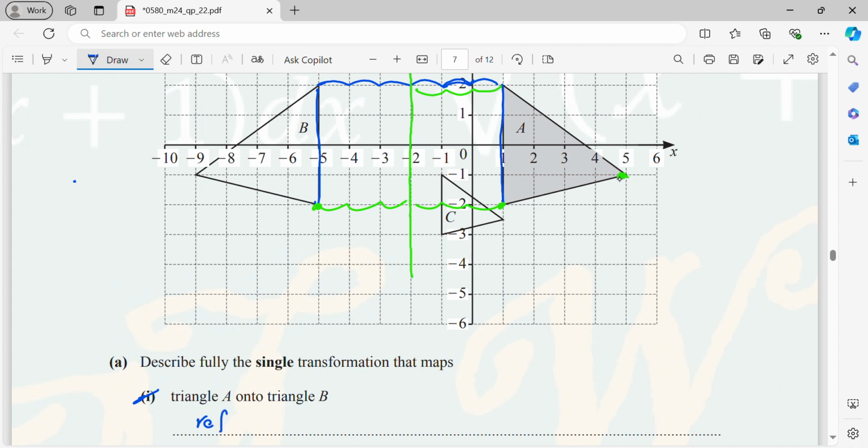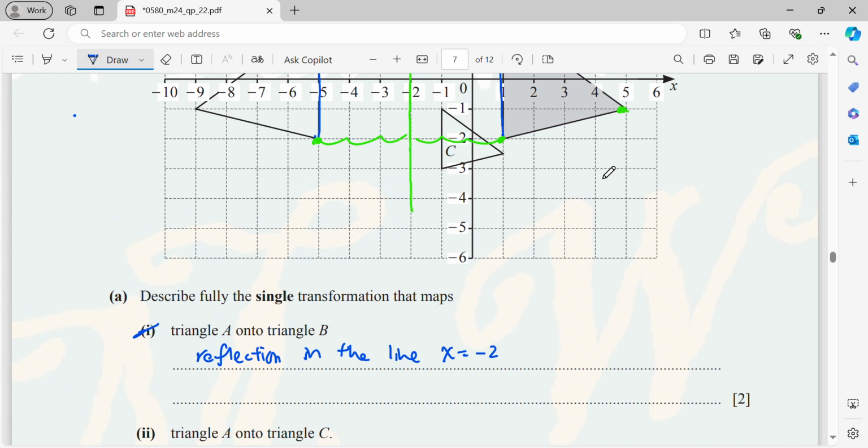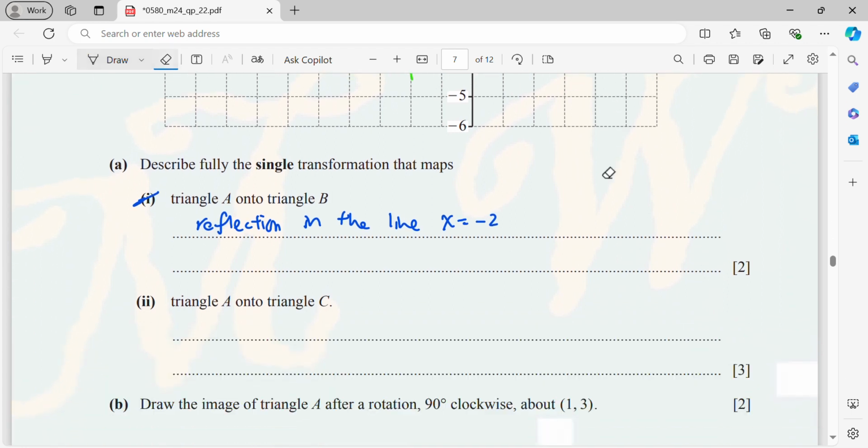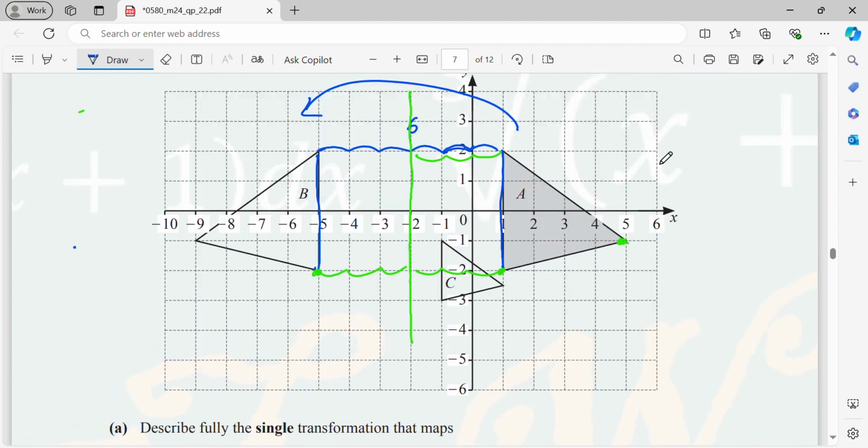So reflection in the line x equals minus 2. So done for the first part. Now, the second part, triangle A onto C. Okay, so when you look at the diagram right now, A onto C, obviously the C is in a smaller size, but the shape is still the same. That means this is enlargement.